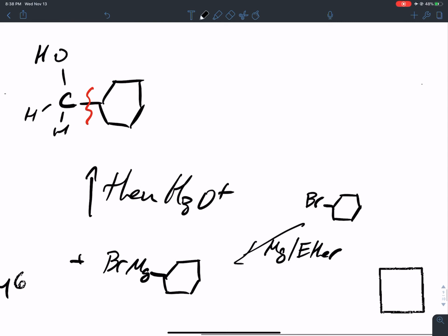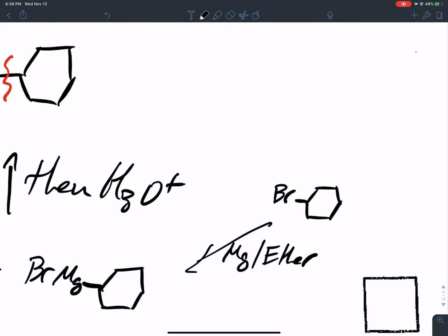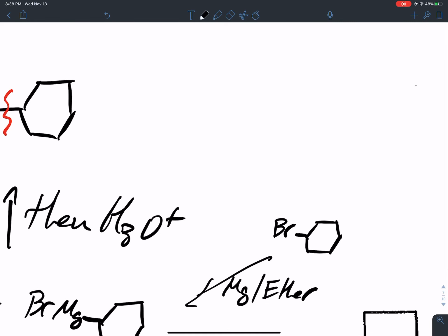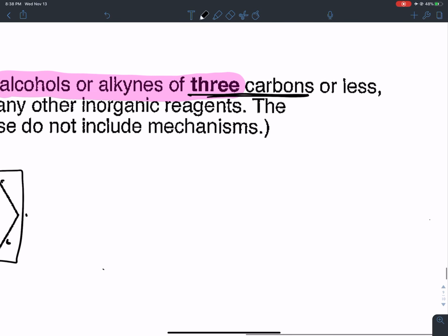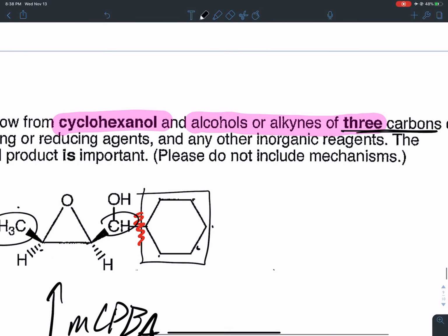So Mg and ether, we have this Br on the cyclohexane. So we're just going to do Br2, light, and we have cyclohexane. We're good, right? No, why not? Yeah, check. Double check that you're getting to the right thing.